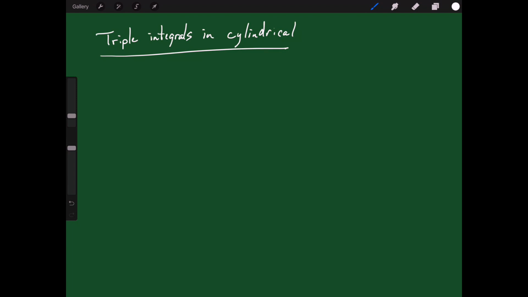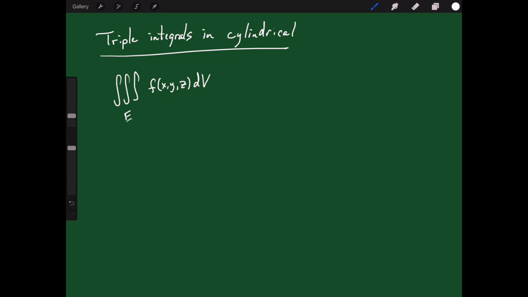So just like in rectangular, I can take a triple integral in cylindrical, and this is the way that it's going to be done. So let's say that I want to take a triple integral over some three-dimensional region E of some function f of x, y, z dV.